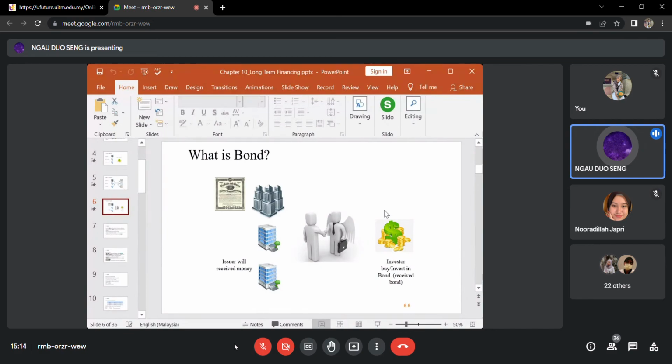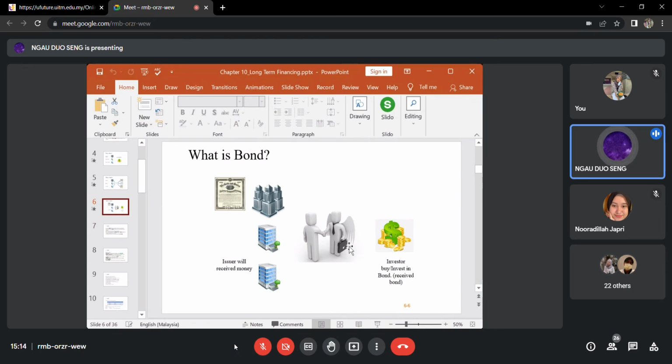Yang ini this is a process lah, bond. Yang certificate ini kita panggil dia bond. Right, kita panggil dia bond. So untuk attract investors untuk beli certificate ini, of course syarikat kena bagi return atau interest, right, kepada pelabur.